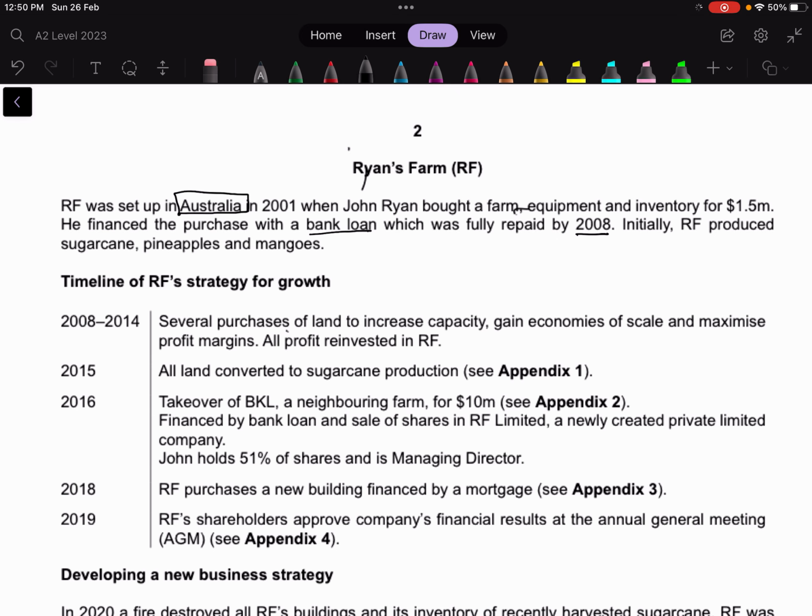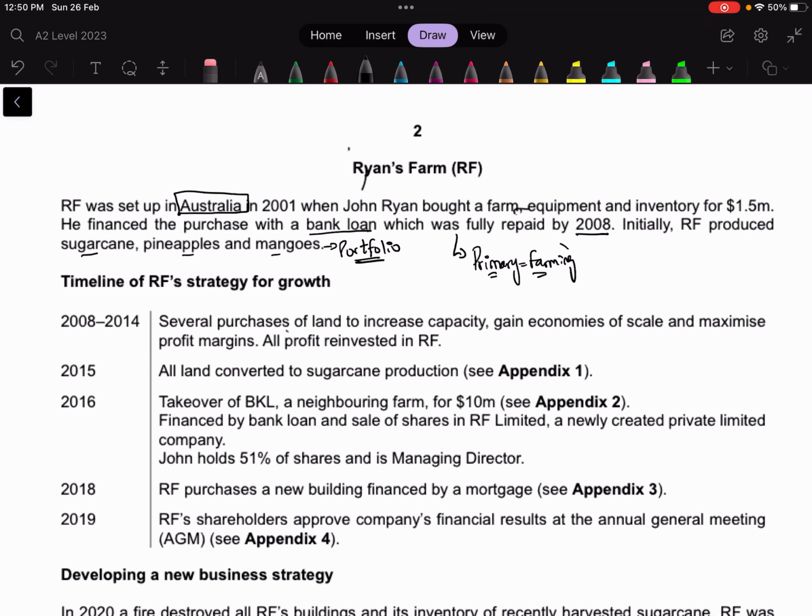Initially, RF produced sugarcane, pineapples, and mango. So you can clearly see that there seems to exist a product portfolio. Now, my advice would be whenever you're reading the case, try to identify in which sector of activity the business falls. Here we can clearly see that this is a primary sector business, a farming business.